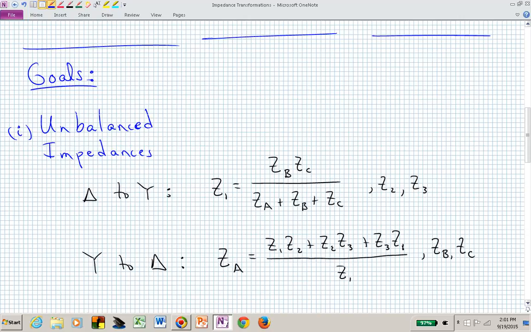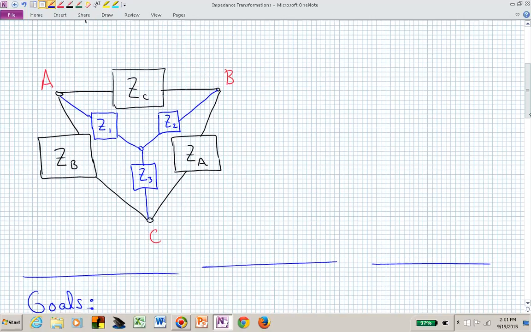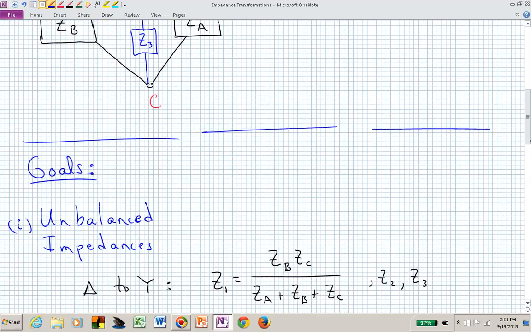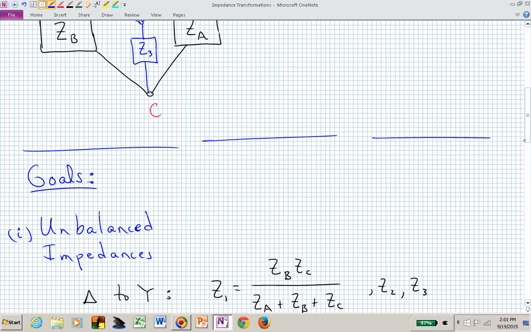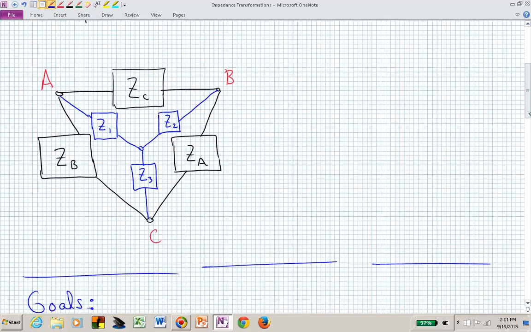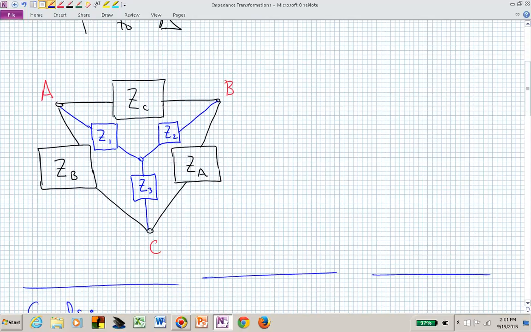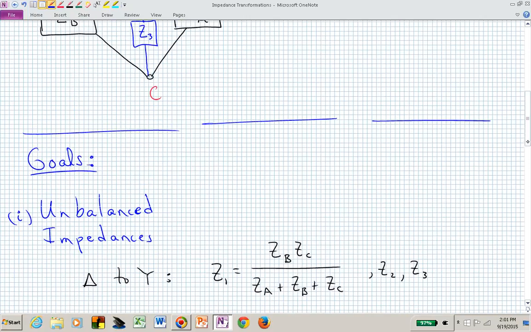If you look at this, Z sub 1 is the Y impedance that touches the A terminal. If we go back and we look at that, and now look at the numerator of the right-hand side of that transformation, we now can see that Z sub B and Z sub C both touch the A terminal, and what's in the denominator is the sum of the three.